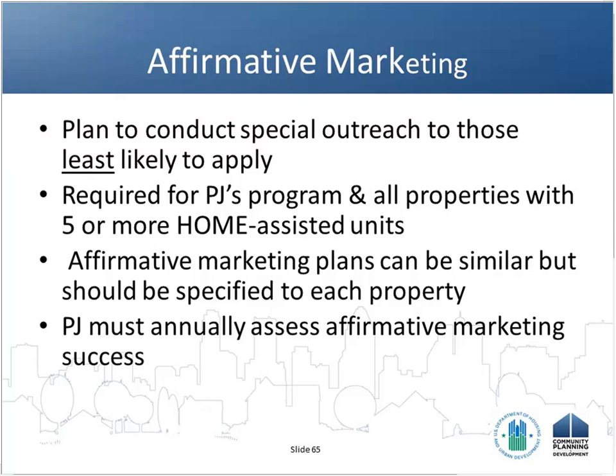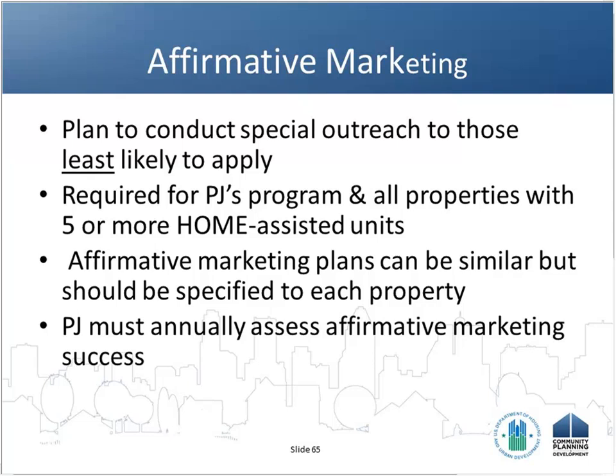But projects that have 5 or more HOME-assisted units will have a property-specific affirmative marketing plan, which will be based on the PJ's plan, but adapted or amended to specifically meet the local market needs for that particular property. So as a property manager, or a PJ working with a rental program, you need to keep in mind that you have some requirements under your affirmative marketing plan. We need to see that those actions are being taken.